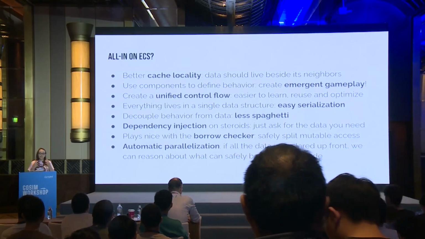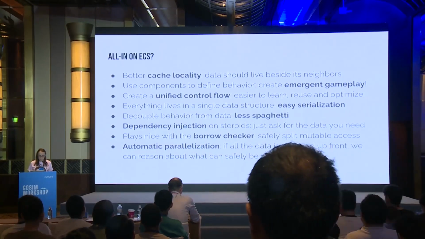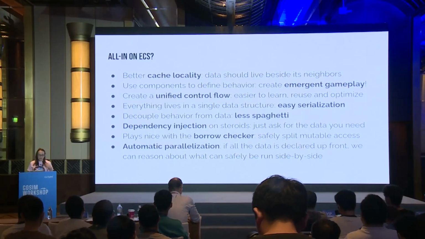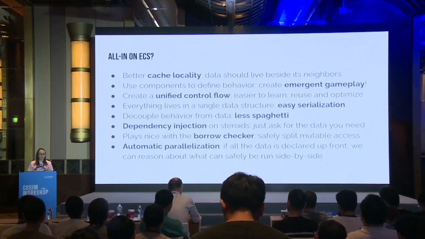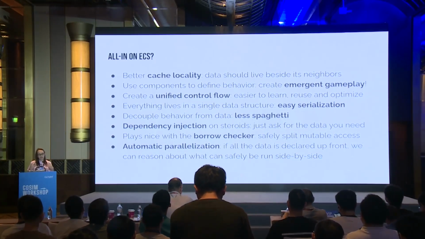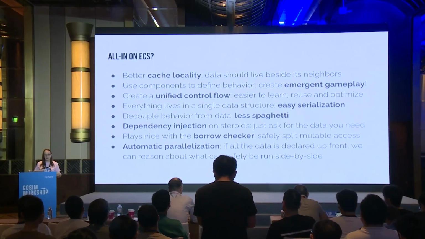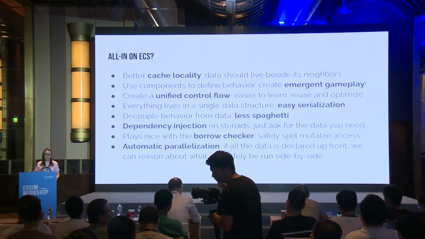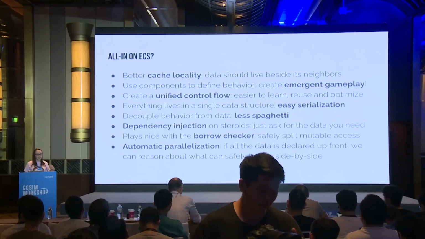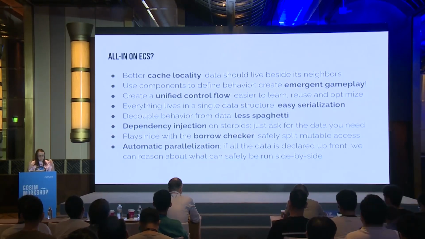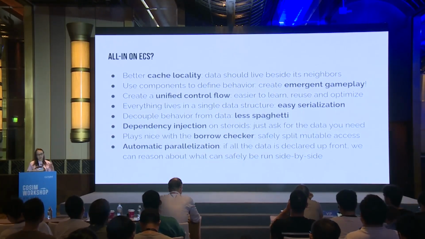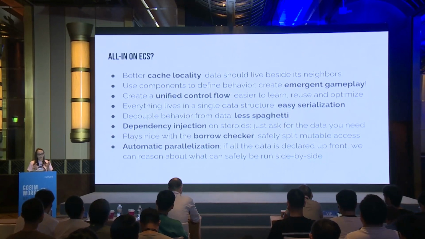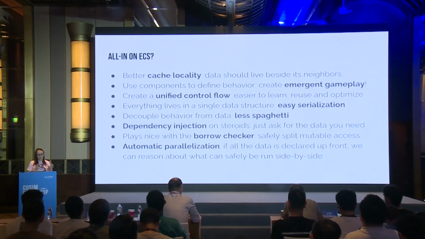And this is really like the star feature. And if you have all of this information about what types and data you need in each system, the borrow checker is happy. But more importantly, you can have all of your systems running in parallel with each other based on what data access they need. And that's all defined at the type system level. And your systems just run in parallel with each other in a way that's guaranteed to be safe.